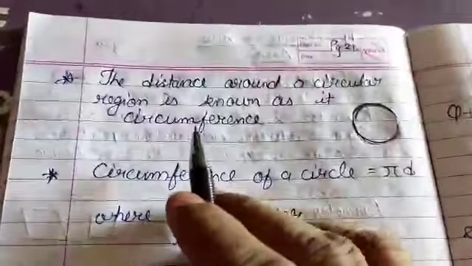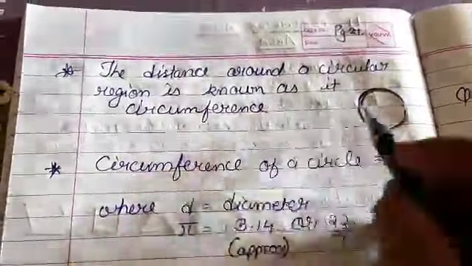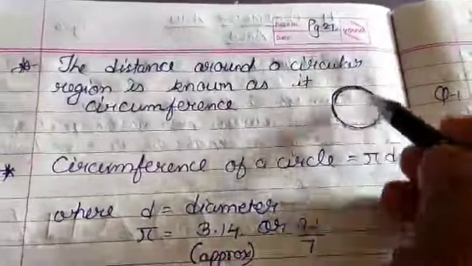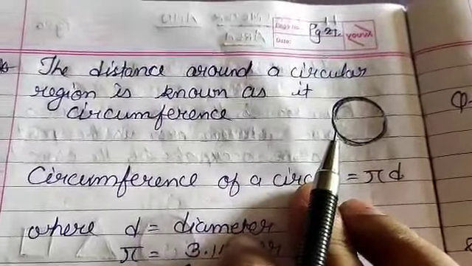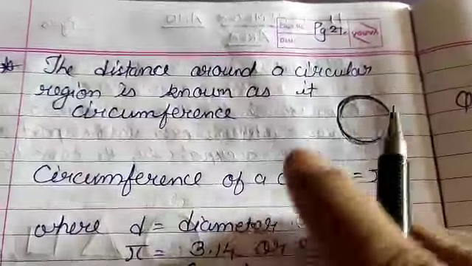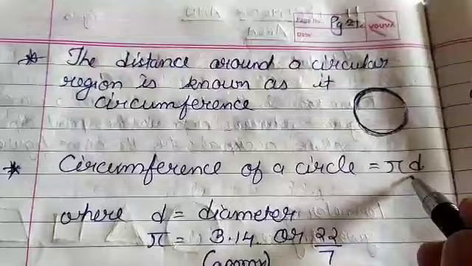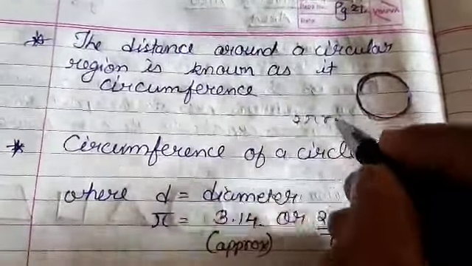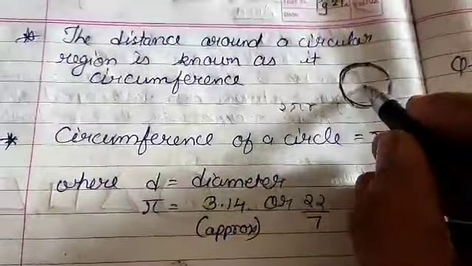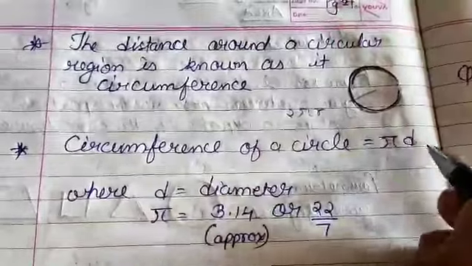Then the distance around a circular region is known as circumference. This boundary of a circle is known as circumference, and for others it is known as perimeter. So for a circle it is known as circumference. The formula of circumference is pi d, or you can write 2 pi r, since 2r gives d.